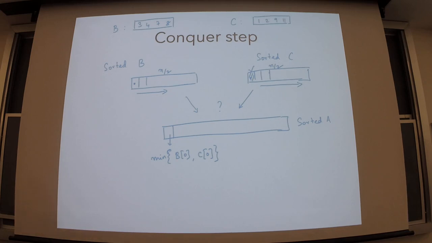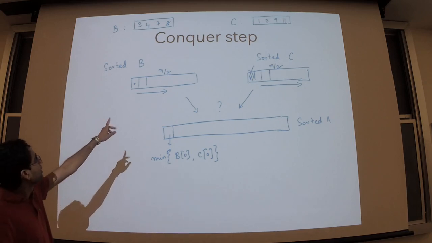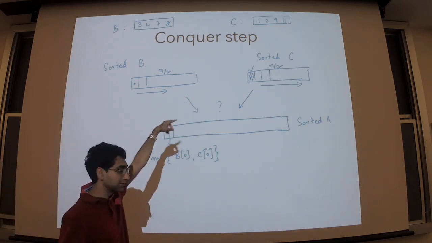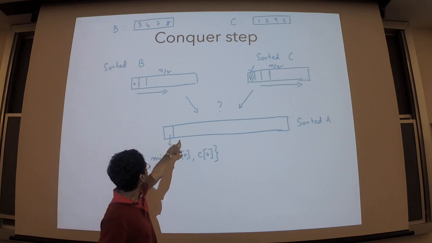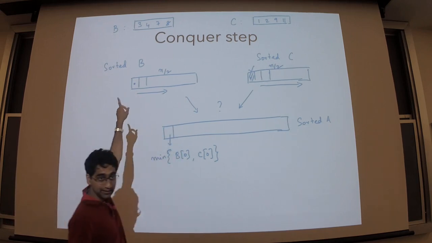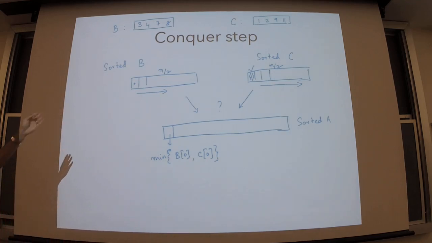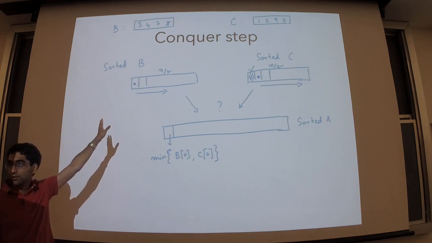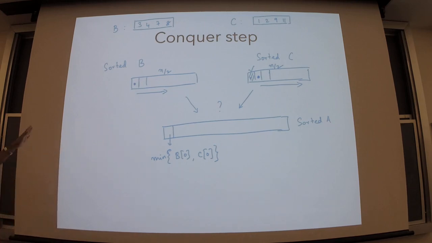In this case, the smaller element is 1, so that's the first element. Now the second element is not 3. The second smallest element is actually 2. So you should now be comparing whatever is out here with still the first element. So you have to be careful about that.